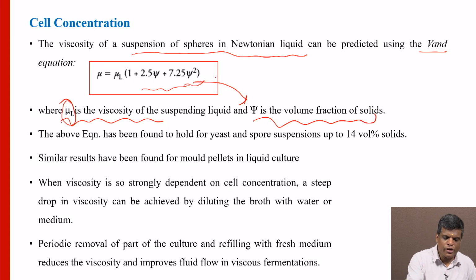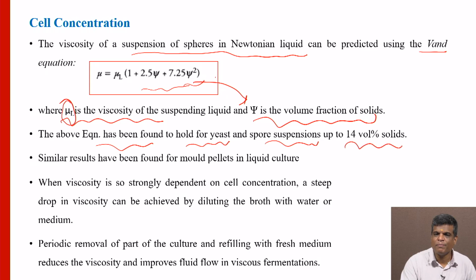The same equation has been found to hold for yeast and spore suspensions up to 14% volume of solids. Similar results have been found for mold pellets in liquid culture also.